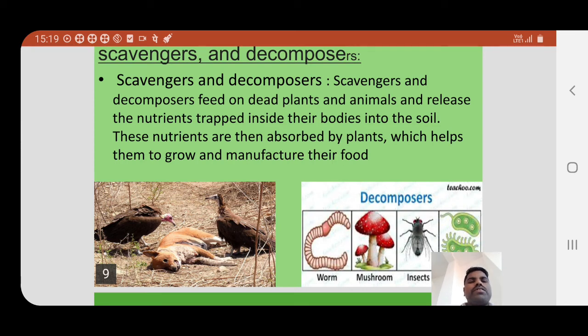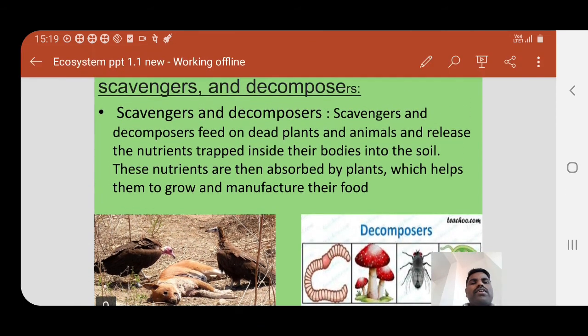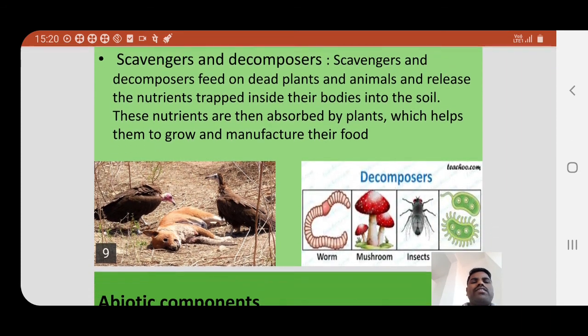Decomposers are worm, mushroom, insect, and bacteria. These nutrients are then absorbed by the plant. Scavengers and decomposers feed on dead plants and animals.